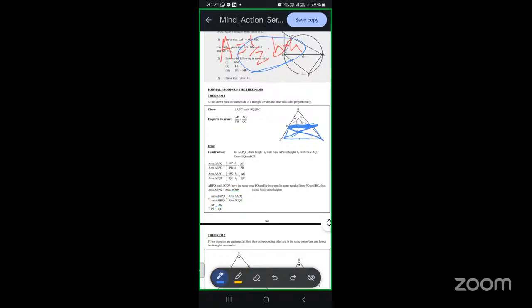Therefore, for this part we had AP over PB, and for this one, AQ over QC. You can just equate that. We are now convinced that if you are given that this line is parallel to this one in this triangle, you can conclude that AP over PB is equal to AQ over QC. Just like that, you are done with the proof for the proportionality theorem.